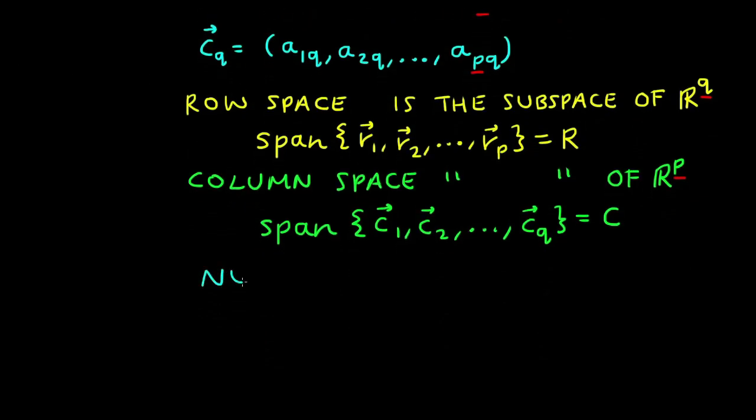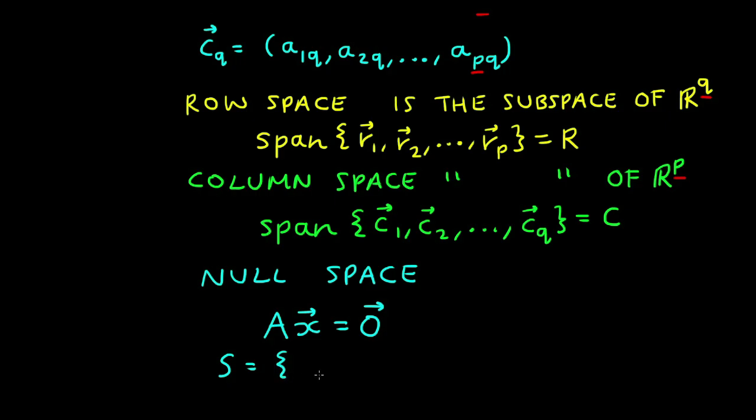Now the null space of the matrix A is the solution space of the homogeneous system of equations, and the solution space, for example, consists of the solutions x1, x2, and so on.